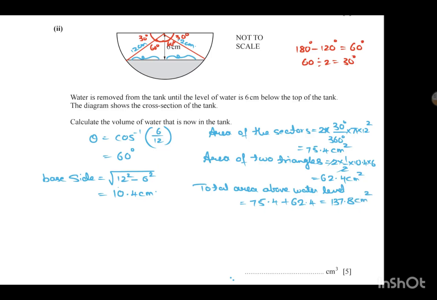Now find out the area of the shaded region. The shaded region is equal to pi r square by 2, that is pi into 12 square by 2, minus 137.8.